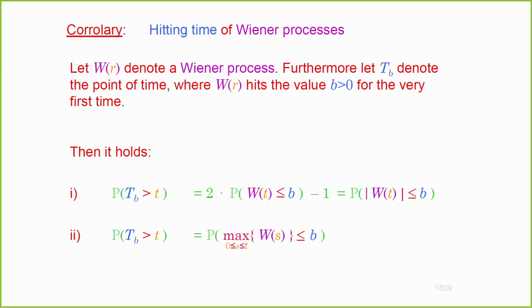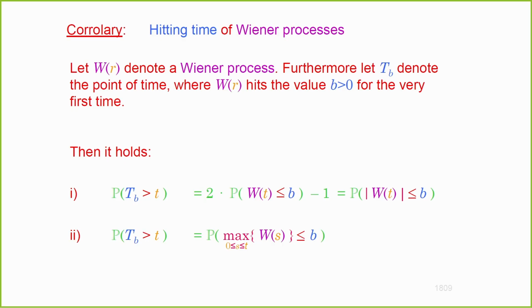Because if you have to wait longer, then whatever the maximum value of the process was is definitely not greater than the value b. Otherwise, if it was greater, then value b would have already been hit, right? But it isn't hit up to that point.